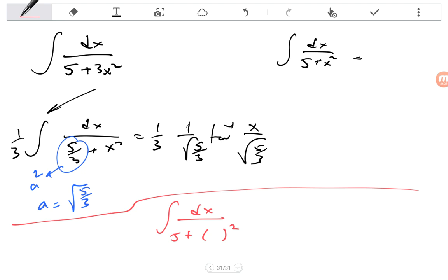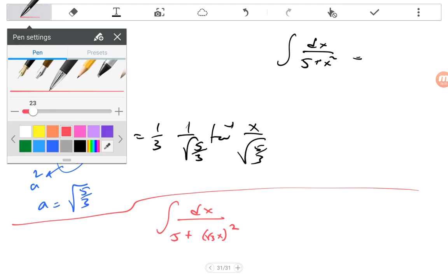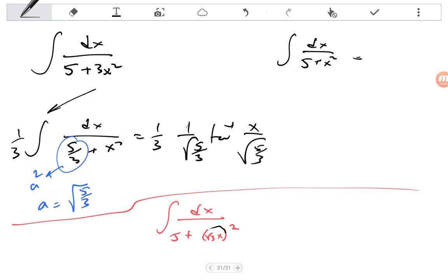What is the squared term in this case? Square root of 3x. Now, is this a linear expression or not? Yes, it is a linear expression. So I have the rule, but instead of x, a linear expression is taking the place of x.